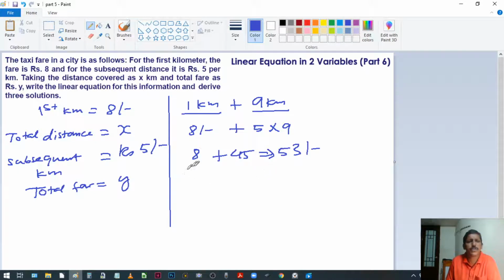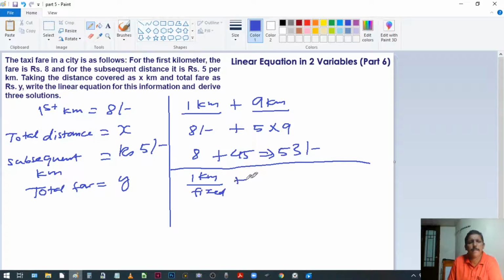Now this is a simple way of doing. How to use a formula? For this one, the rate for the first 1 kilometer is fixed.